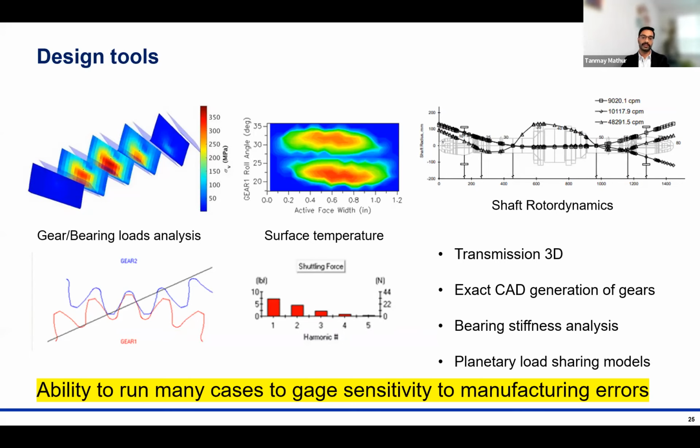Rotor dynamic tools have also matured quite a lot. But there is still some gap in doing rotor dynamics for the composite shafts. Now, with the advent of multi-rotor VTOLs, the need for advancing these design tools is only growing.